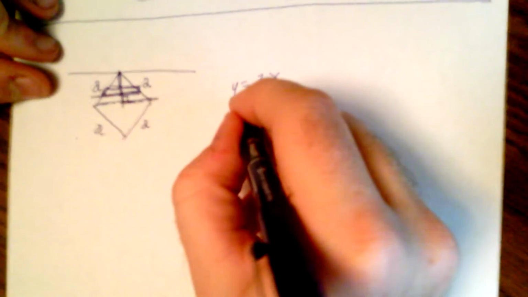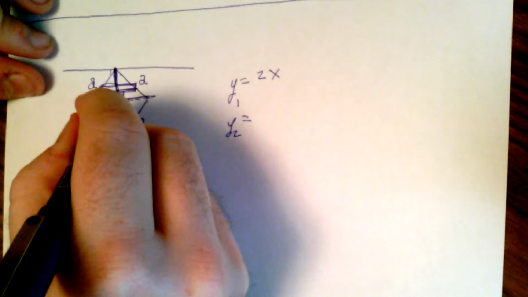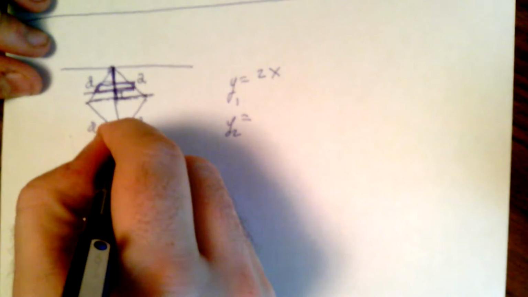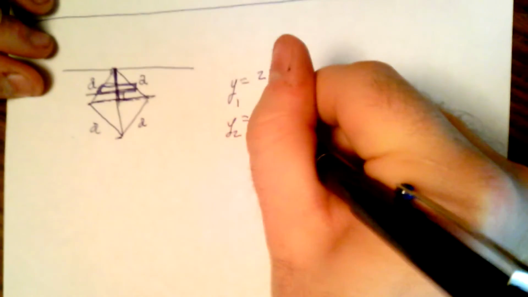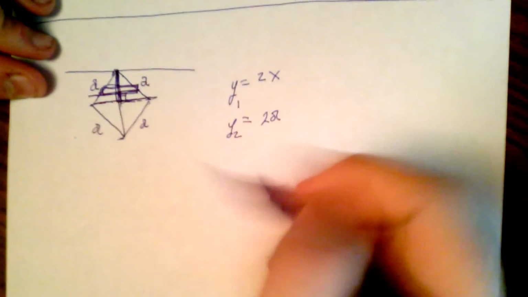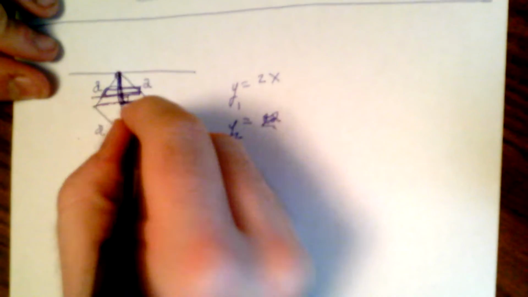So this will be y1 is equal to 2x. y2 is equal to, well, when I'm down a distance of x, I start off at 2x, but when I'm down a distance of 2x, I go to 0. So I have 2a when I'm down a distance of, actually, let's figure out what the lengths of these sides are.